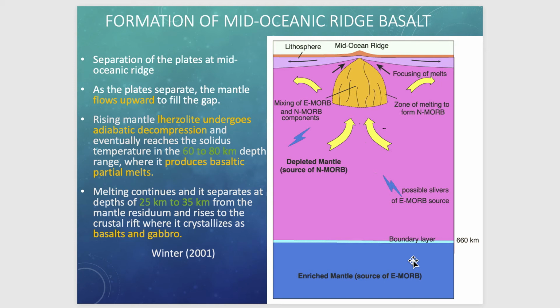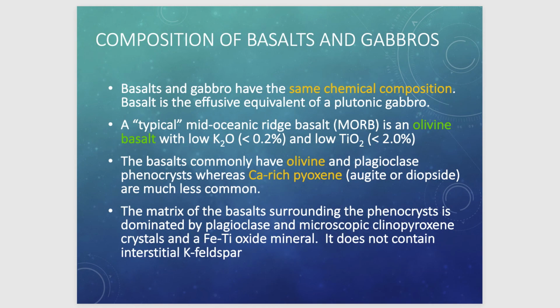The normal MORBs usually have a concentration of potassium that is very low, on the order of a few ppm, and they also have low trace element concentrations. If you look at the composition of basalts and also gabbros, they have the same chemical composition but different textures, and as we have seen, they crystallize in completely different conditions, which explains why they get different structure.